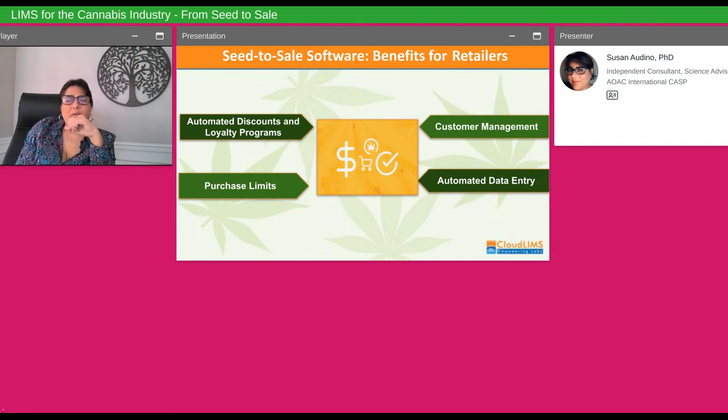For the retailers, we know what's going on. We can look at purchase limits. We look at managing the overall customer base. We have automated data entry. We know who's buying what. We know where things are going, how long things are sitting on the shelf or not sitting on the shelf. We can also use Cloud LIMS to automate a discount program or a loyalty program.